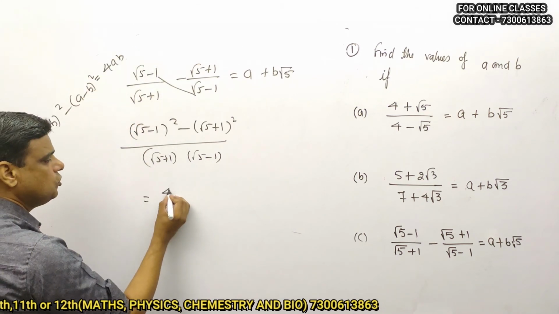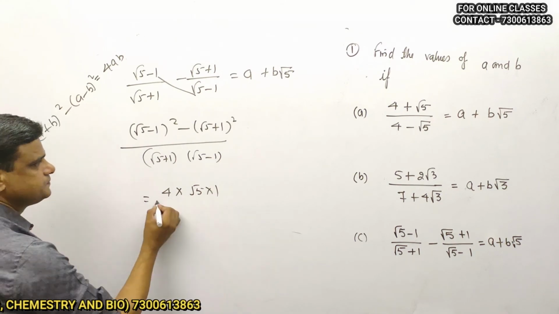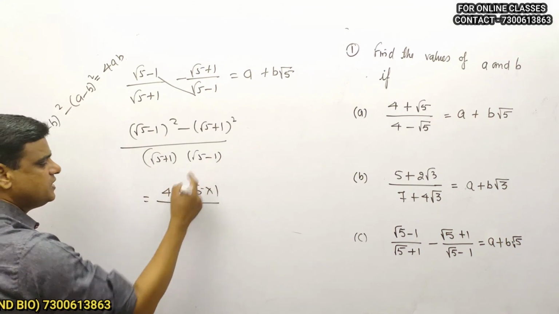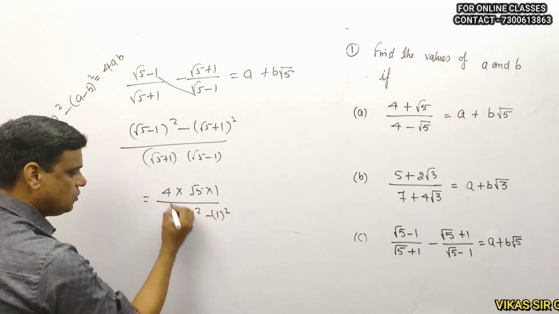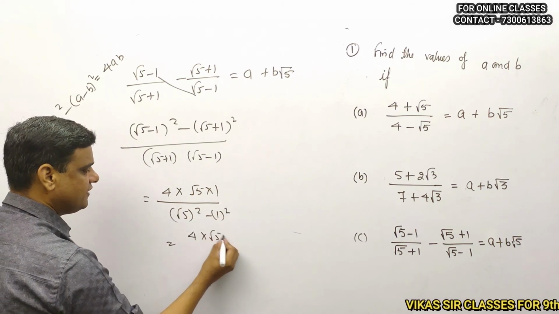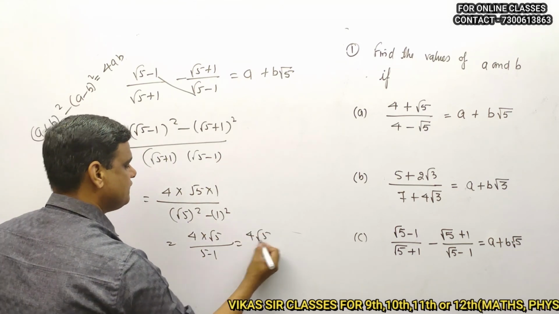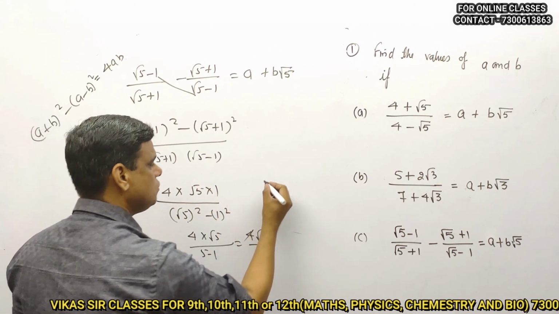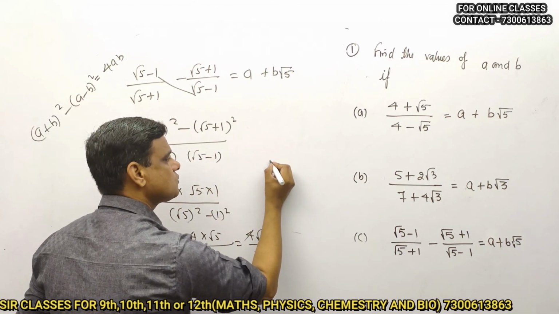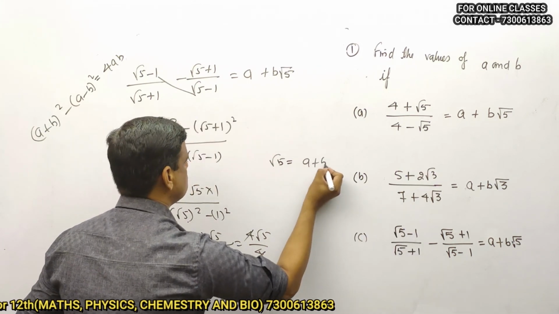So it is 4ab upon a plus b into a minus b is a square minus b square. Solving it out, 4 into root 5 upon 5 minus 1. So it is 4 root 5 upon 4. It is root 5.